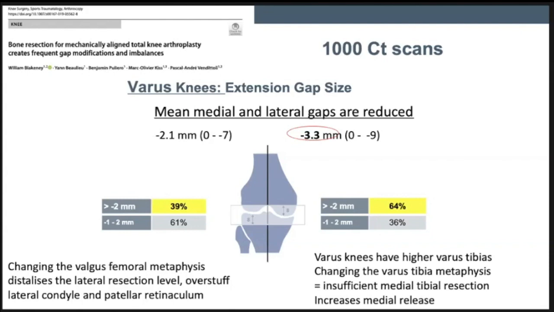We are reducing the medial and lateral gap in a varus knee by 3 millimeter medially and 2 millimeter laterally as a mean value. The effect of this gap reduction in the varus knee will increase the need for a medial release, and on the lateral side will distalize the joint line and overstuff the patellofemoral space.